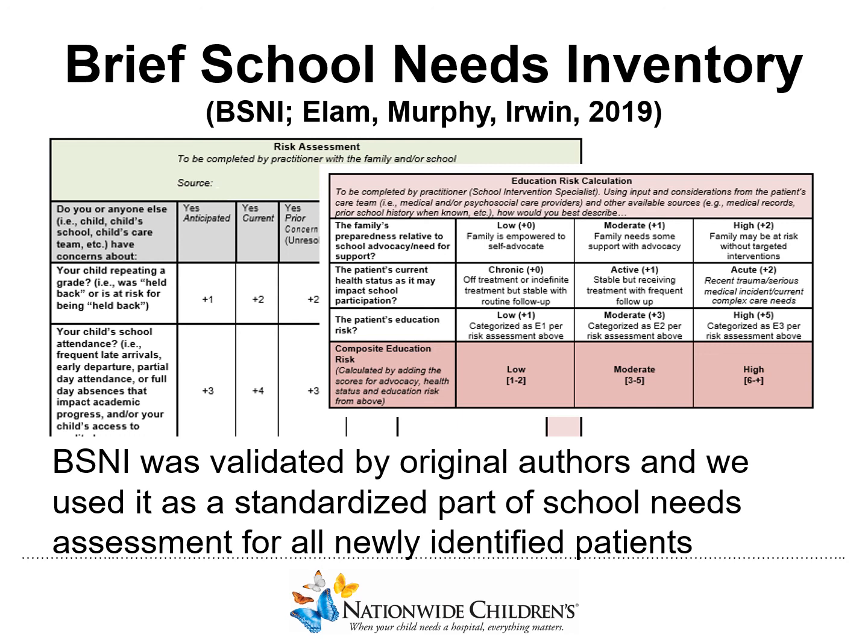This BSNI was authored and validated by Megan Elam and Crystal Murphy and Mary Kay Irwin in Cincinnati, and they did validate it on their patient population. So we decided to use it as a standard part of our service going forward.